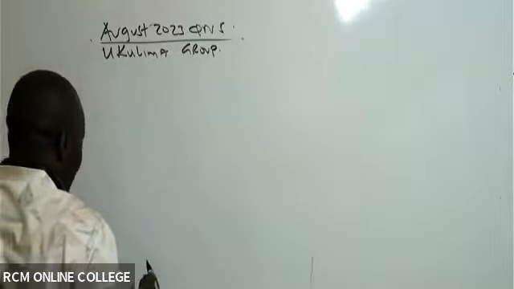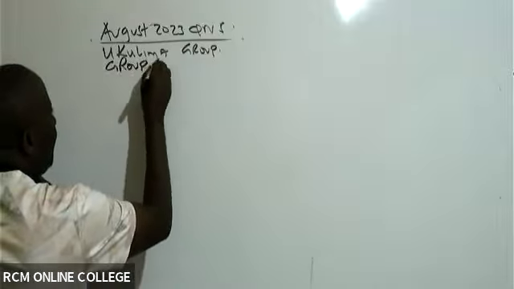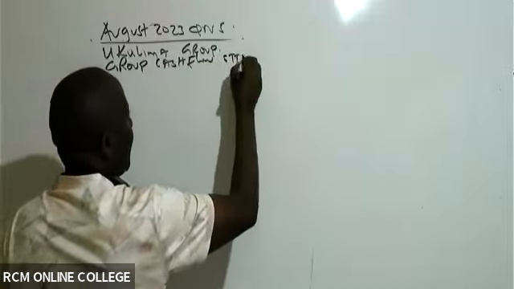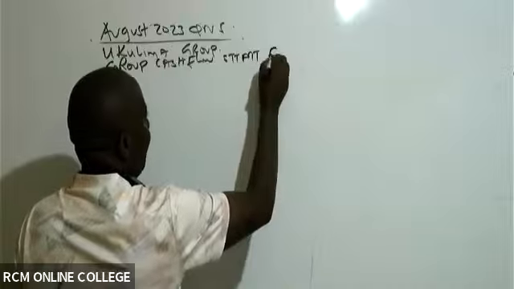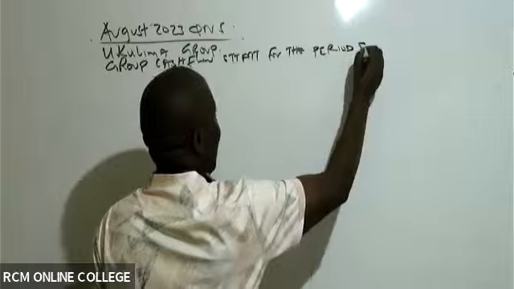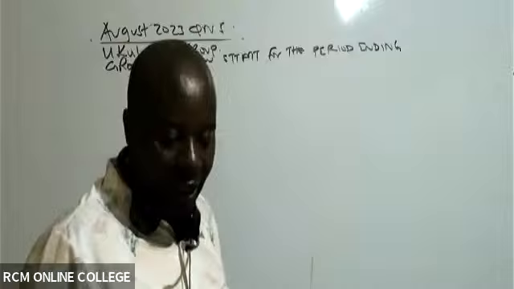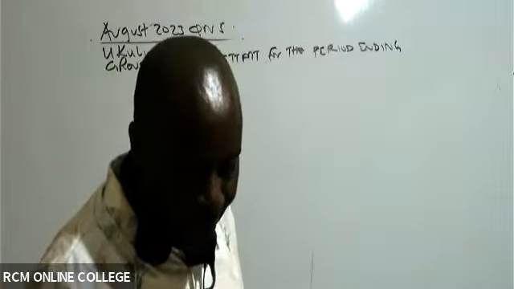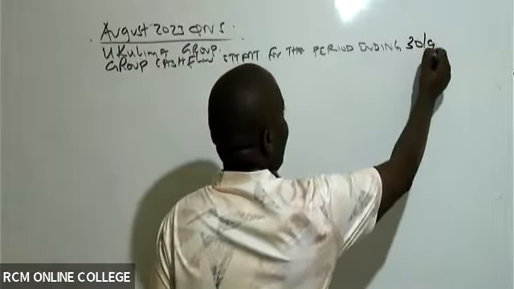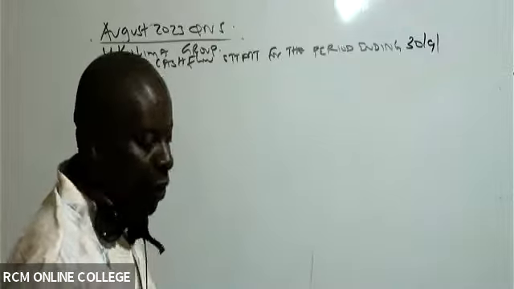So under Ukulima Group, what are we doing? We are giving them the group cash flow statement for the period ending, of course, 30th September 2022.